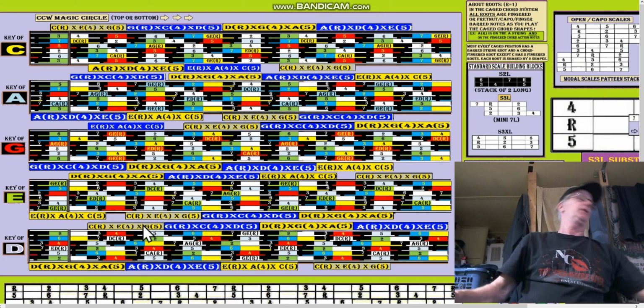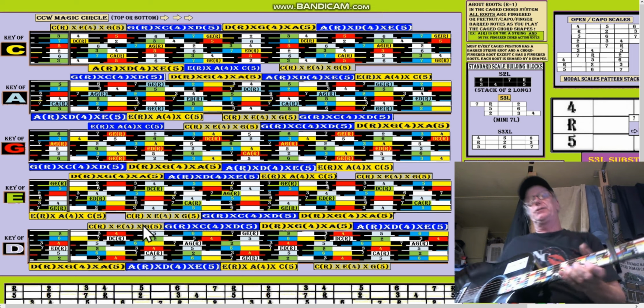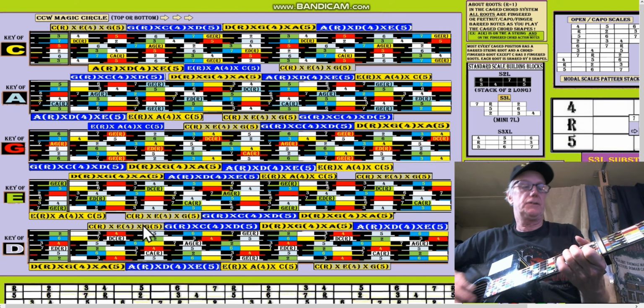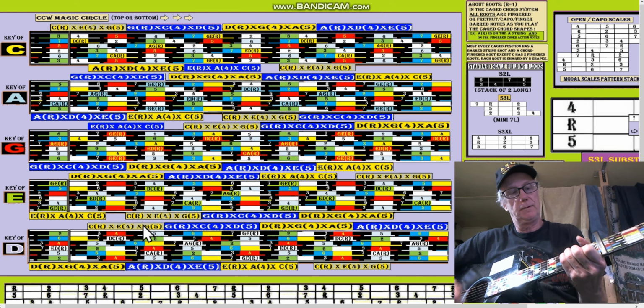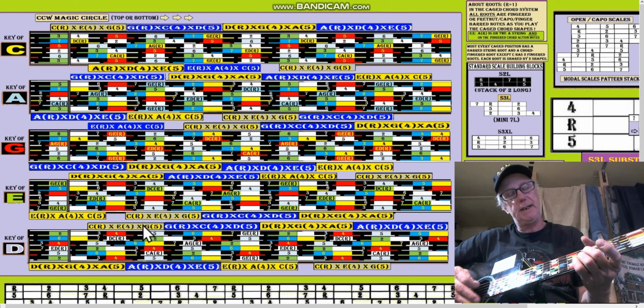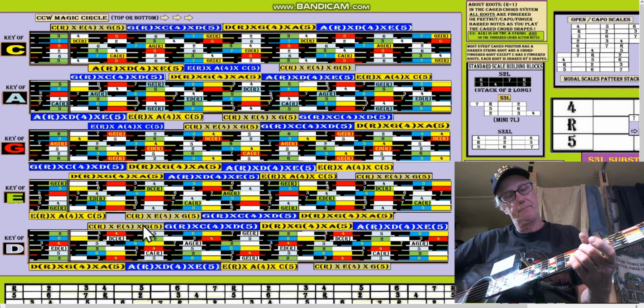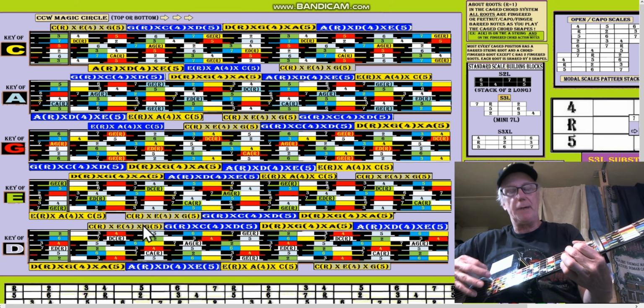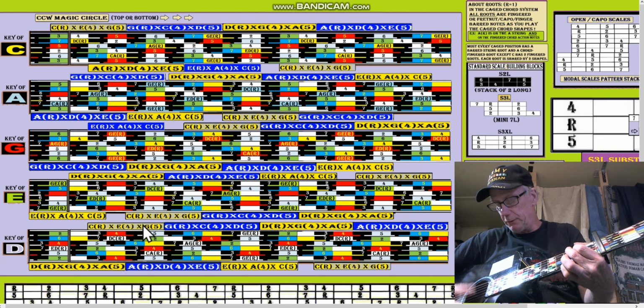So that's the 5 CAGED keys. Key is C. Okay, CAGED, C-A-G-E-D. So we'll go to A. G. You can double this. Actually, you don't want to double that, but it's a double root.